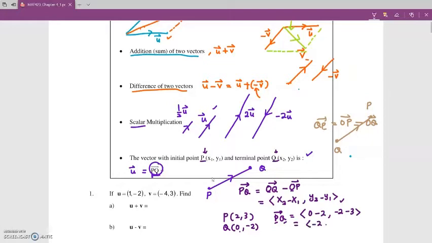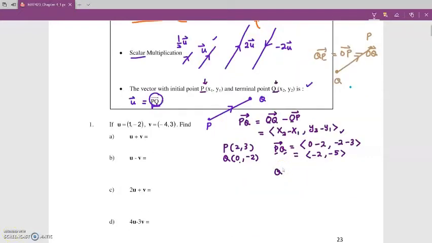So your answer is (-2, -5). What is the vector QP? QP means P minus Q, OP minus OQ. So P is 2 minus 0, and then 3 minus negative 2. So we get (2, 5).